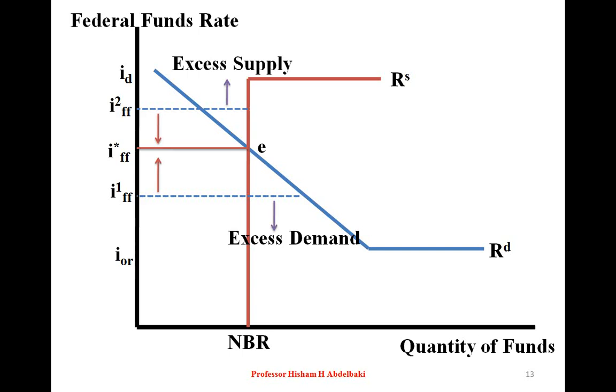At any level of FF less than FF star, we have excess demand or a deficit. Why? Because quantity demanded for reserves is greater than supply of reserves. But at point E, we have no excess supply and no excess demand because both are equal. Demand equals supply.